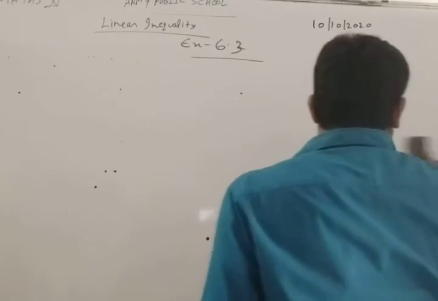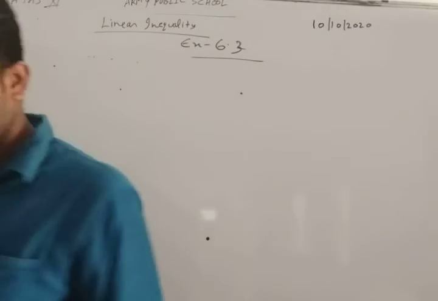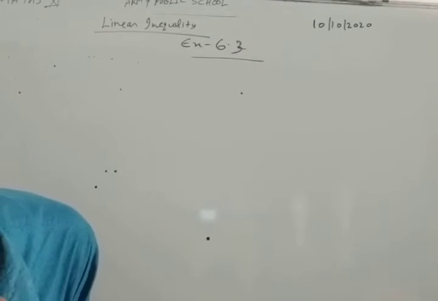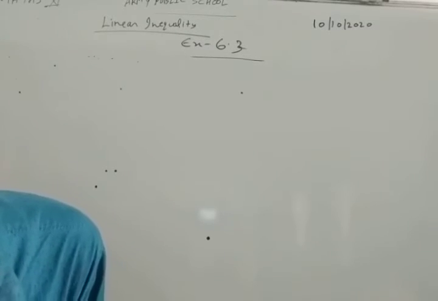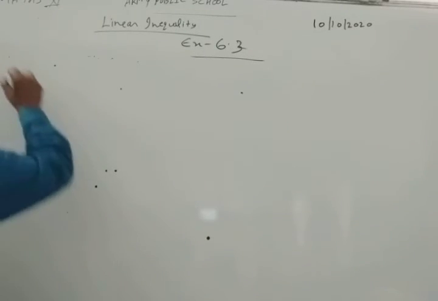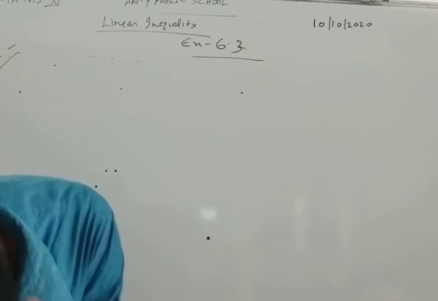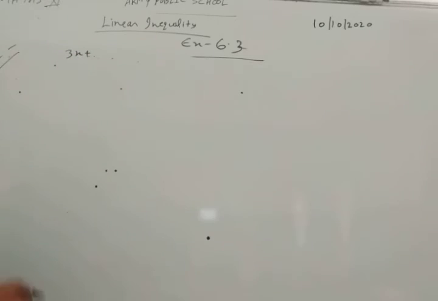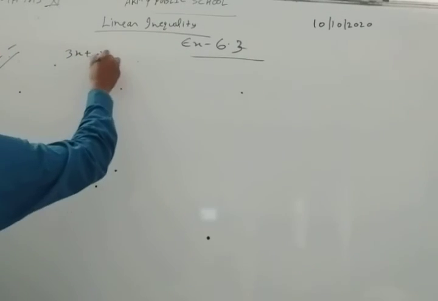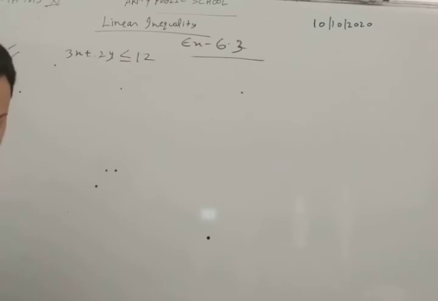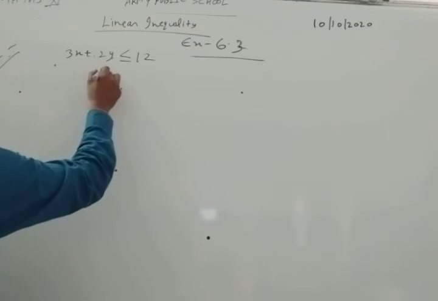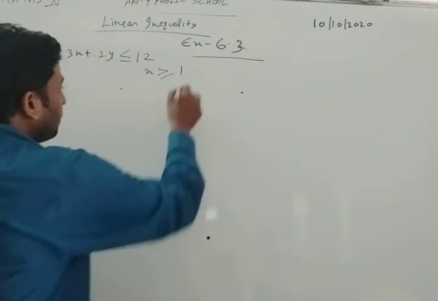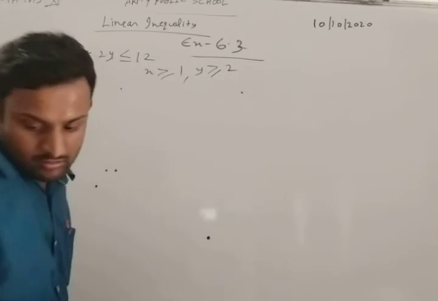Now let's see another question. Question number 2. 3x plus 2y less than equal to 12. x is greater than equal to 1. y is greater than equal to 2.